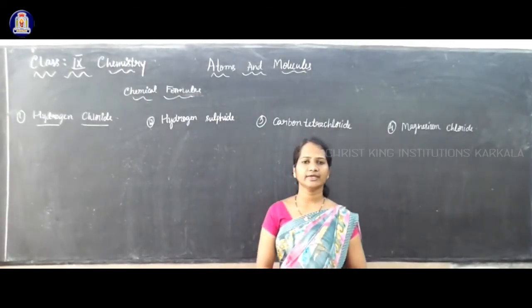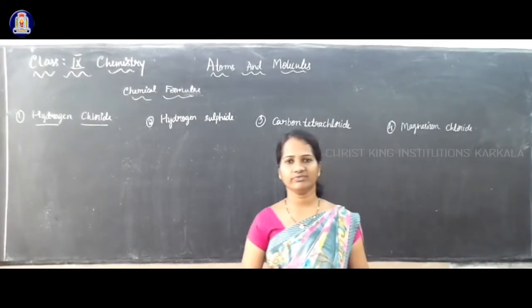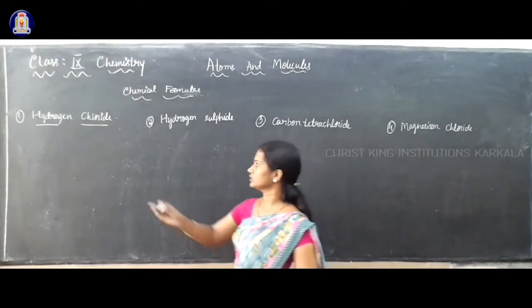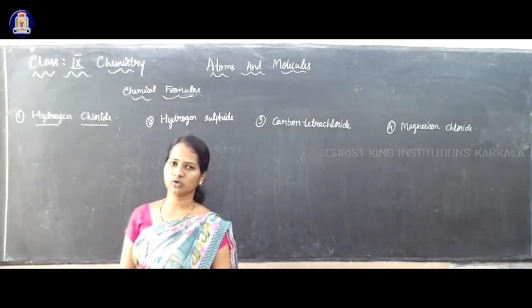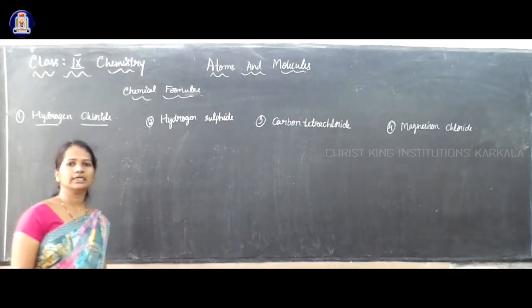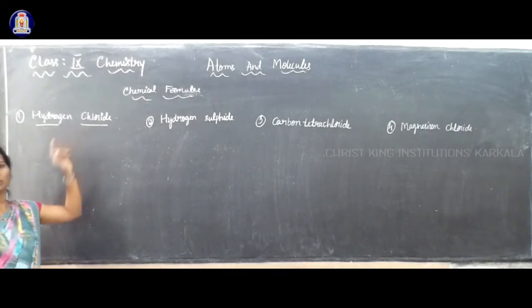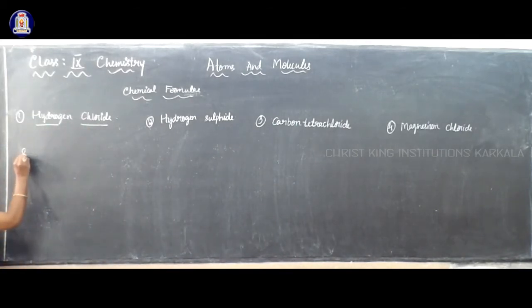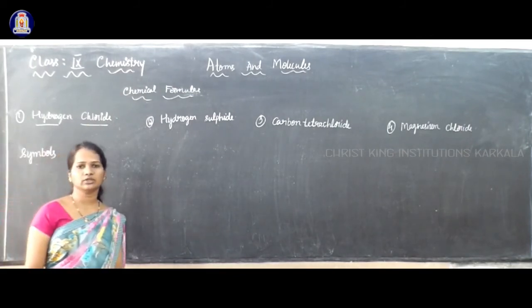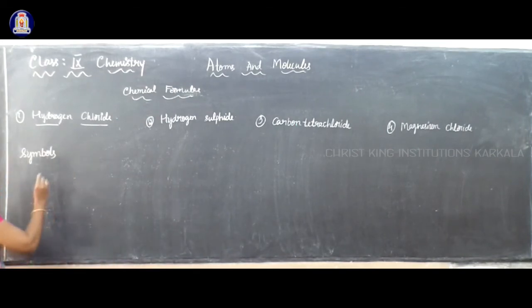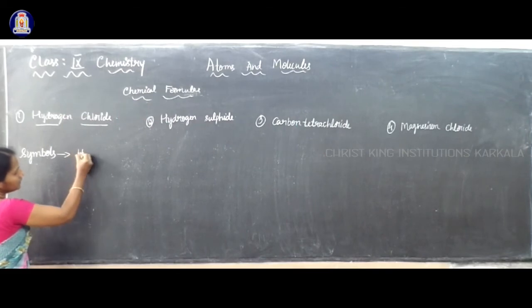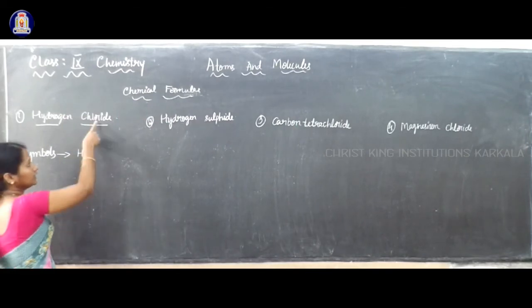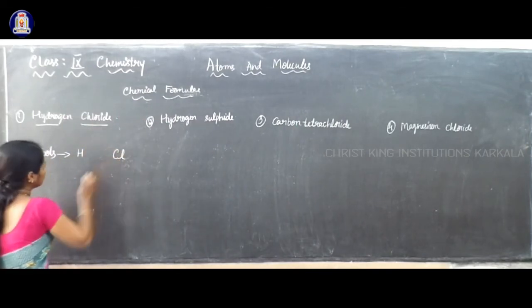Students, now we shall write the chemical formulae of different compounds. The first compound I have selected is hydrogen chloride. It contains hydrogen and chlorine. Hydrogen can be represented as H, chlorine as Cl.